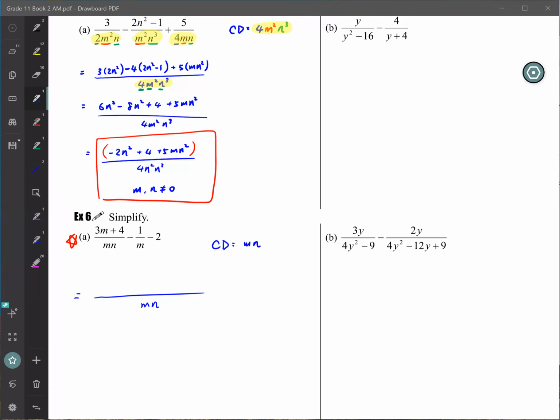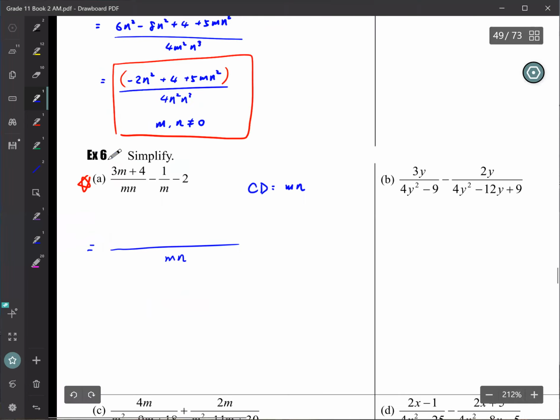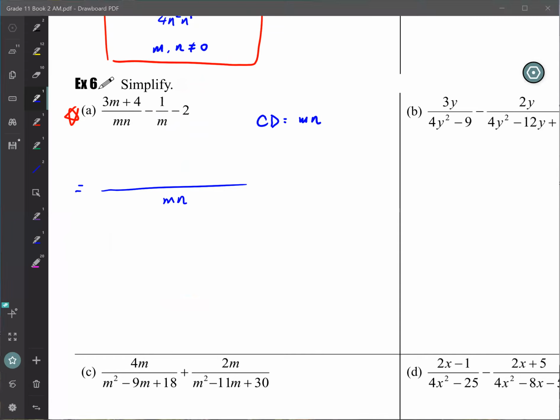Eric, are you done? I'm almost done. Okay, let me know when you're done. All right, Eric, can you tell us what to put on the numerator?